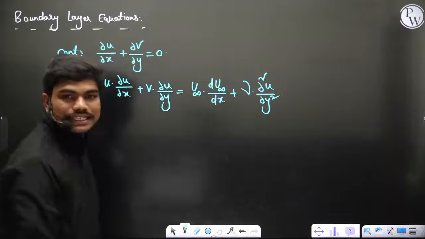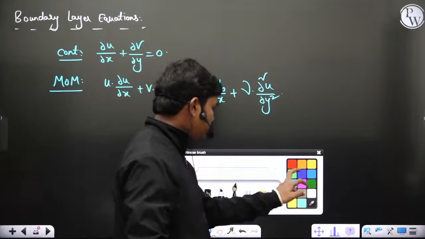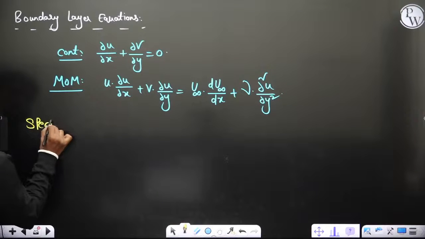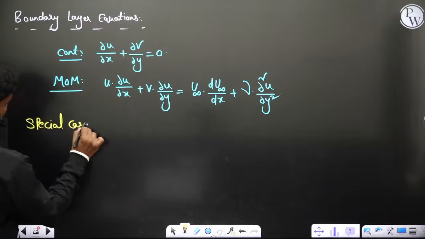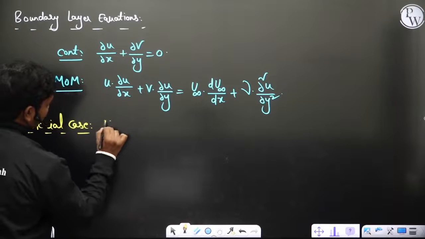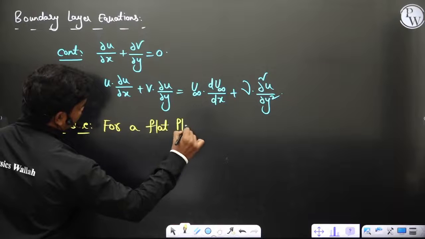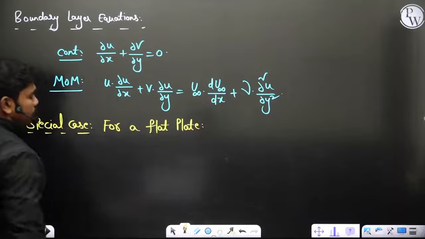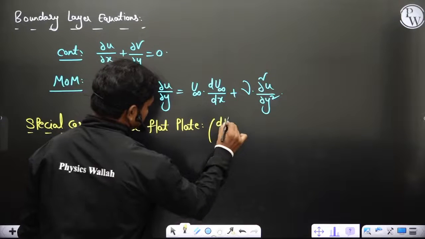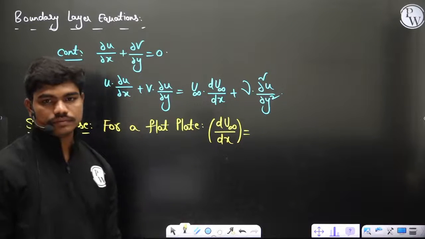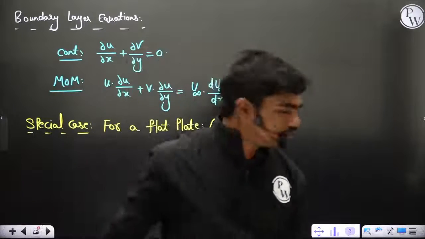So anyway, this is the equation. Now, special case. For a flat plate, du infinity by dx. What is this value? What is that value for a flat plate?